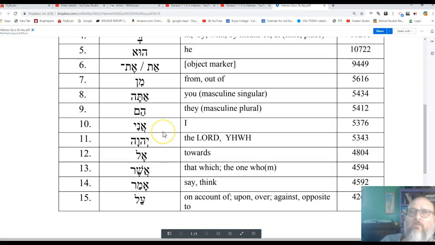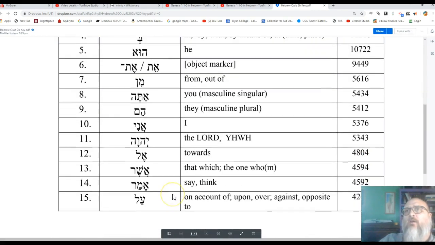My Hebrew professor told me that the Israeli airline is called El Al, going to a place upon this airline. That is how he told us to memorize it. Asher is who or what. Amar is say. We're going to see in Genesis 1 the whole Vayomer Elohim, and he said, and then al is upon.